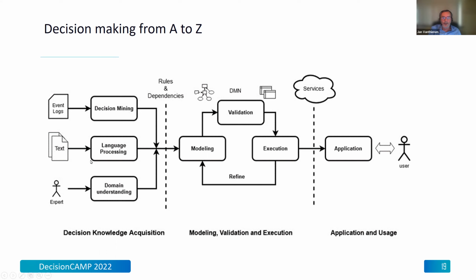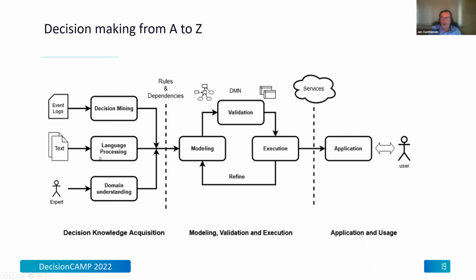Or machine learning techniques to build a model from text, language processing to build a model semi-automatically, because language is very complicated, but still we have some good results in taking a text, a law, a government text, and then trying to produce more or less a decision model. It will never be perfect, but it's interesting. Or build the model ourselves by the user or by the expert or by the combination of the two. We are working on this, of course.